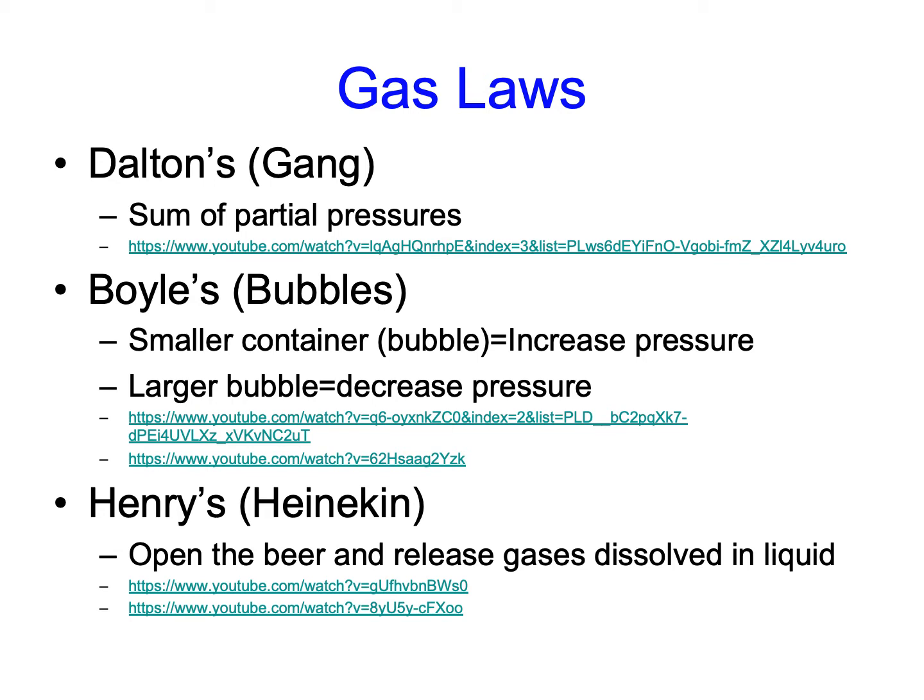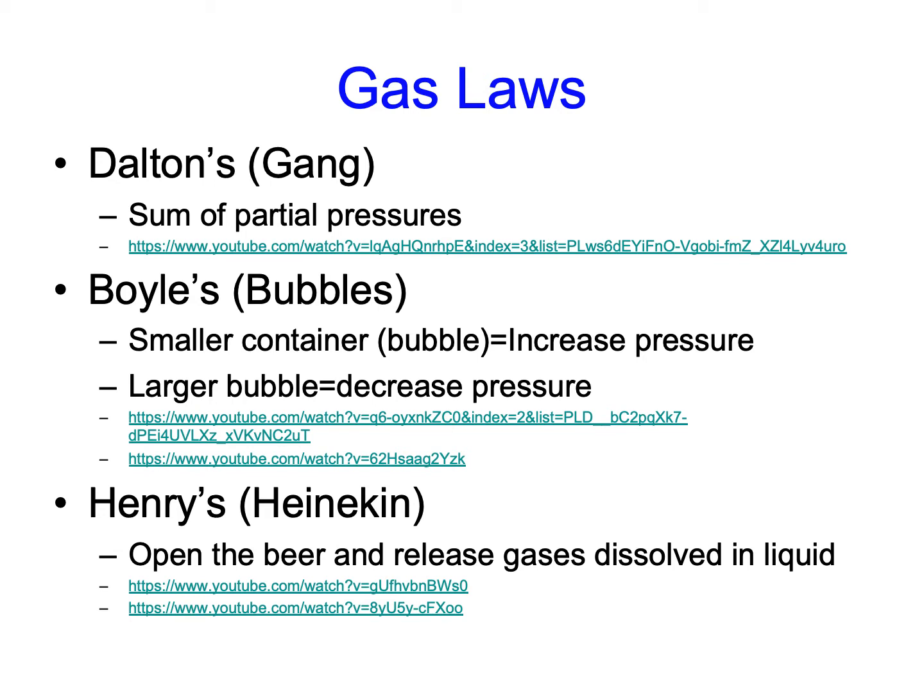So basically, Dalton's law is Dalton's gang. Think of it as a gang. We're trying to get the sum of every partial pressure of whatever's in our air. Oxygen makes up 21% of our atmospheric gases, so the partial pressure of oxygen is 21. Nitrogen is 78 to 79%, right around 78.5 or 78.6.